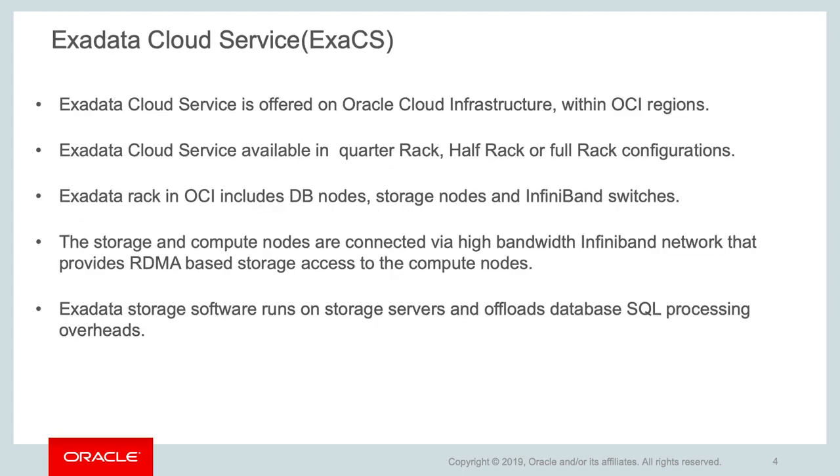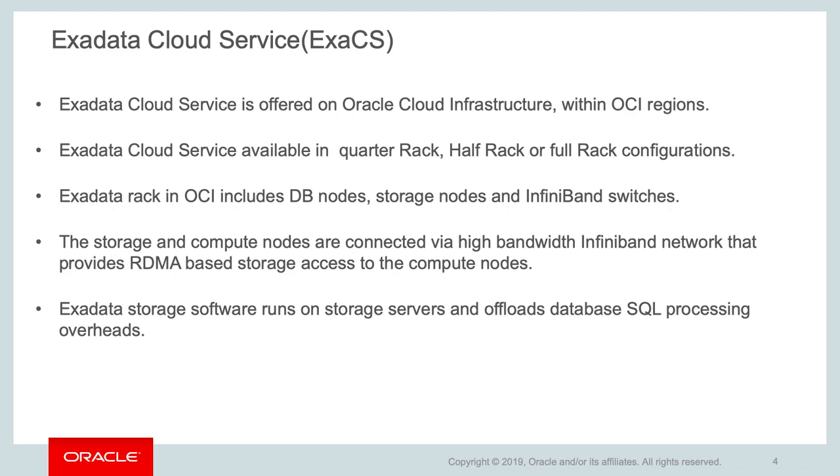So let's start. We provide Exadata Cloud Service on the Oracle Cloud Infrastructure platform across several OCI regions. As you might already know, OCI is hosted in regions and availability domains. Regions are geographical areas, and availability domains are one or more data centers located within regions.